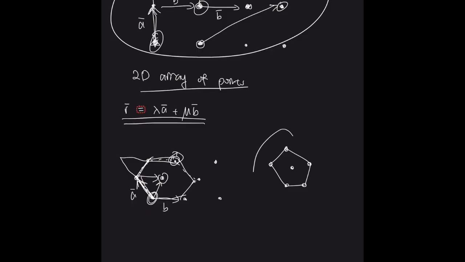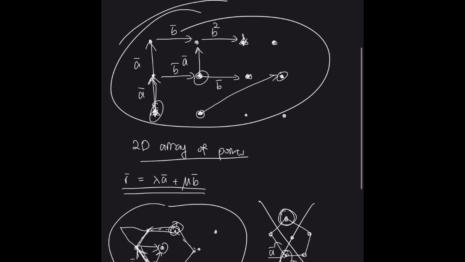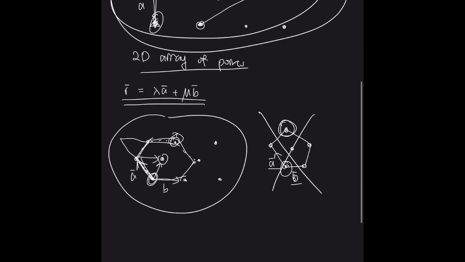And the reason why we can't form an infinite array of points using a pentagon is that if you call this A and you call this B, you can't get from this point to this point using purely A and B. And that's why this is not a lattice. Well, these can be lattices if they are repeated periodically throughout space.